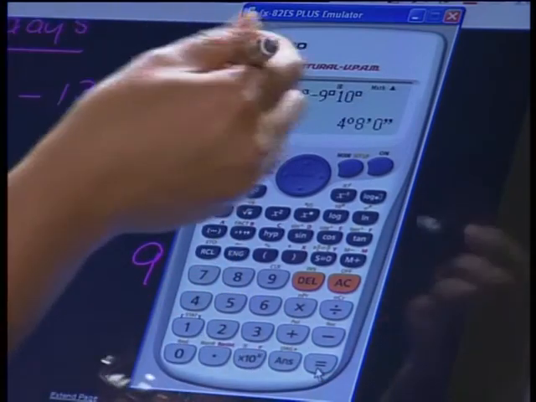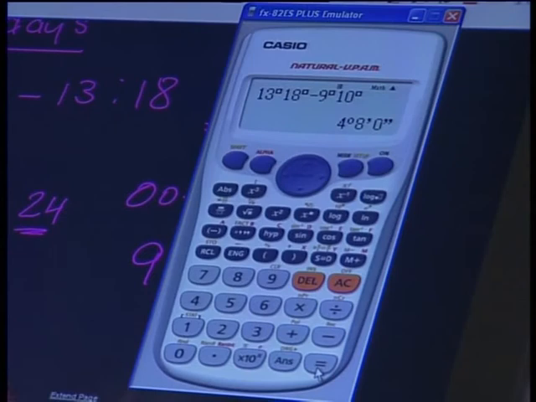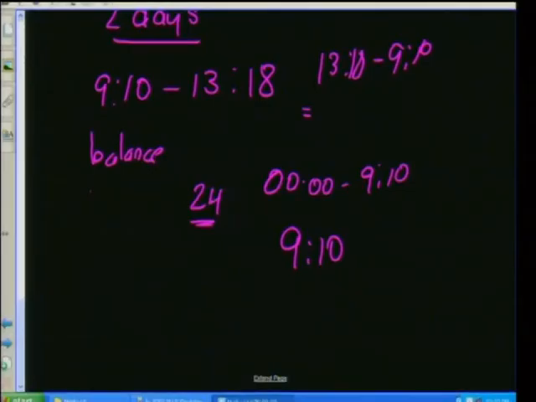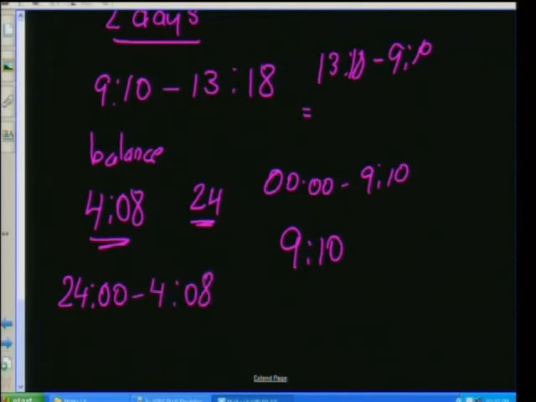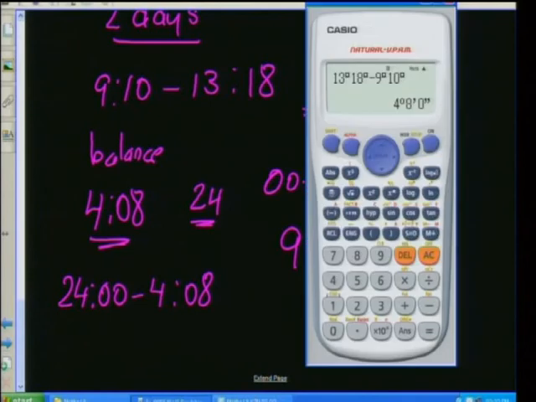And I get an answer of 4 hours and 8 minutes. So I need 4 hours and 8 minutes before midnight is when they need to leave. And now I can do this calculation on my calculator and say, well, 24 hours minus 4 hours and 8 minutes. Let's do that on the calculator.